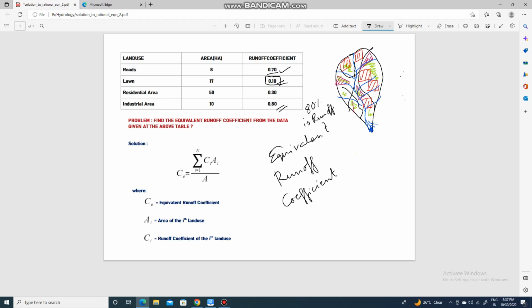C equals 0.70 indicates 70% of water is runoff. Runoff means that part of water which doesn't stay in the watershed, it flows out. As it cannot infiltrate, the water gets out of the watershed and mixes with the main river or the tributaries and distributaries of the rivers.